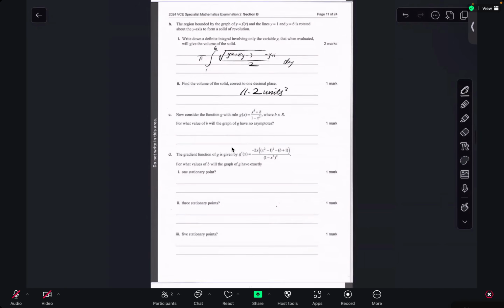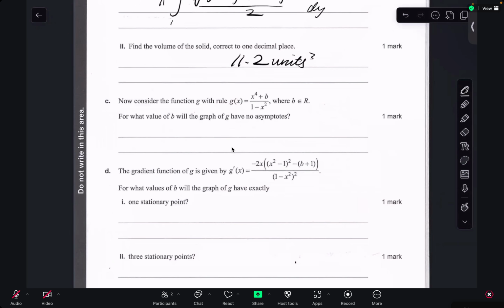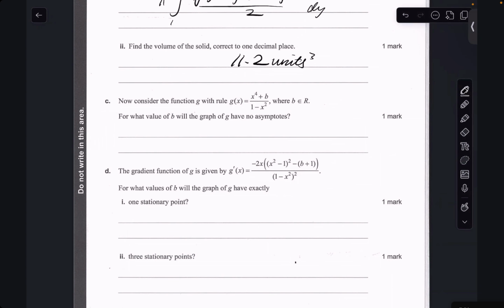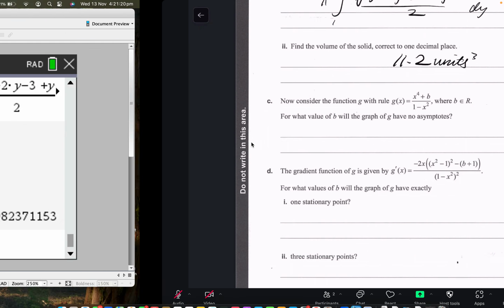Okay. Now consider a function with that rule. For what value b will the graph of g have no asymptotes? So no asymptotes. Okay, wait, let's just expand that.